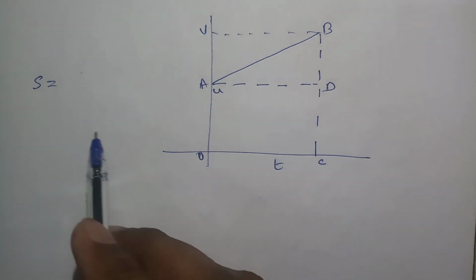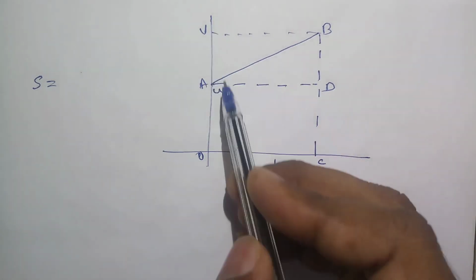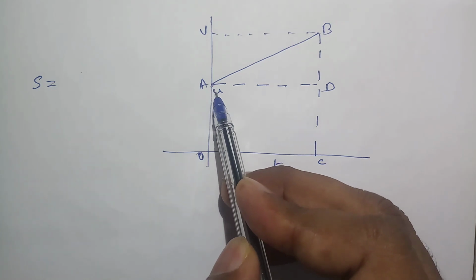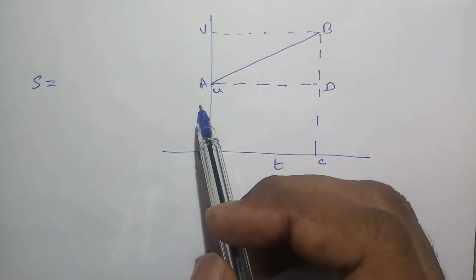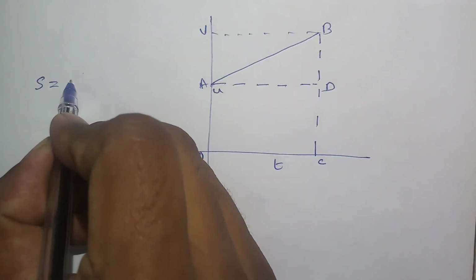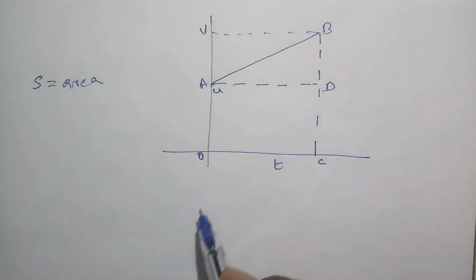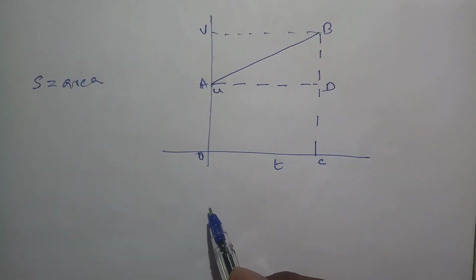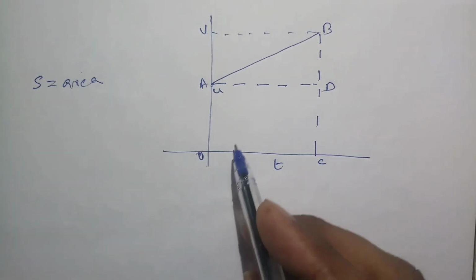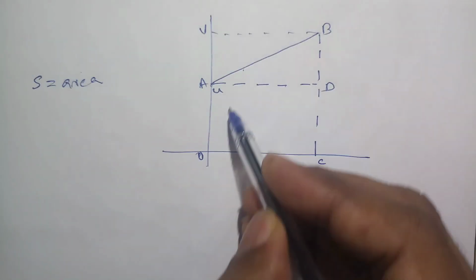When it is moving from U to V, U is the initial velocity and the final velocity is V. We already studied that the area under the velocity time graph will give the displacement. So S is equal to the area of this total graph.